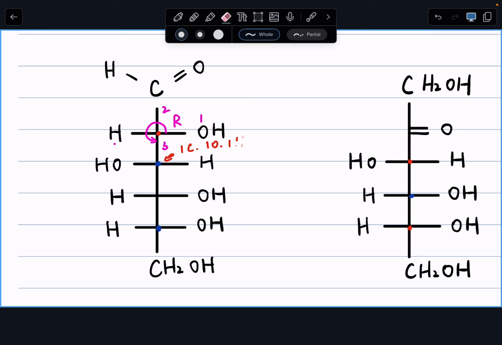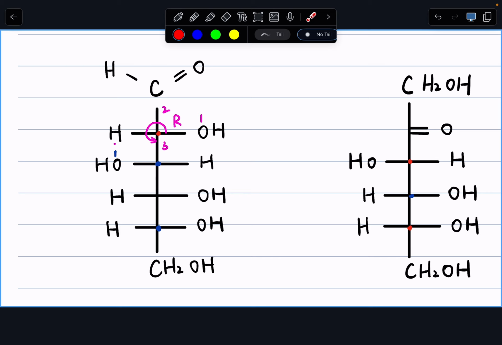Need to be very careful not to erase something I need. Okay, and let's look at the next one. I'm just going to use a different color. Now my oxygen will have higher priority. Now if we go up, this carbon and this carbon, these two are exactly the same. Both of them have one carbon, one oxygen, one hydrogen attached.